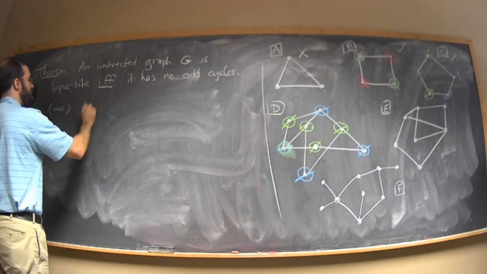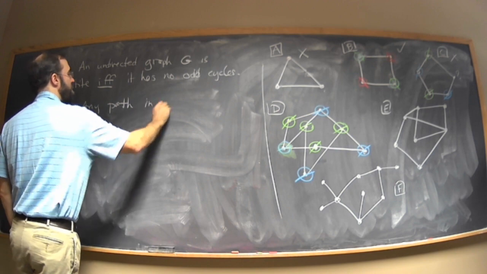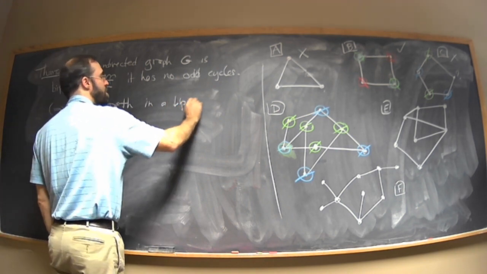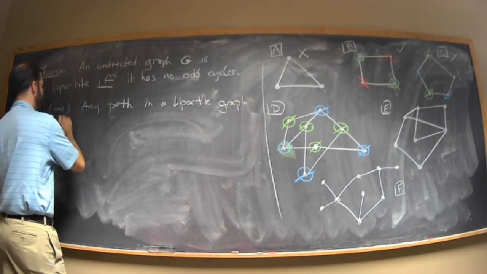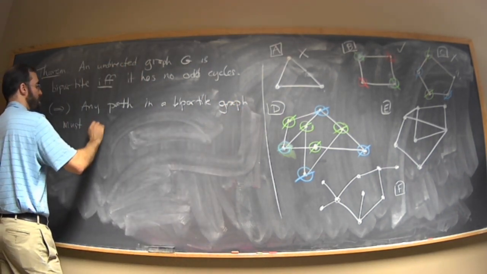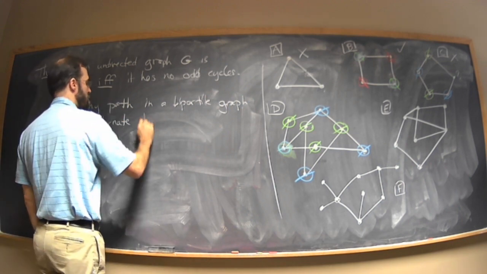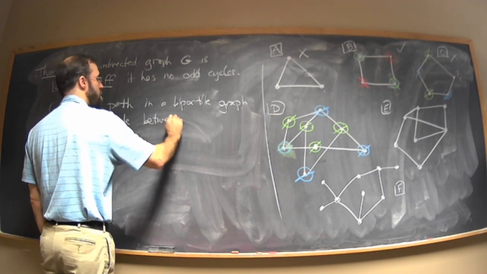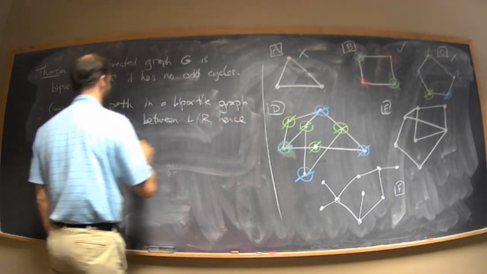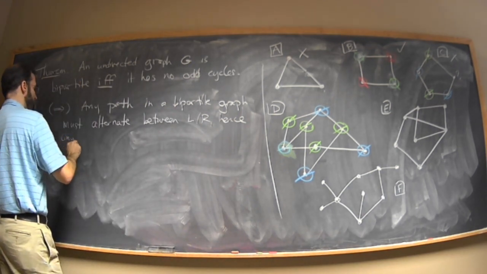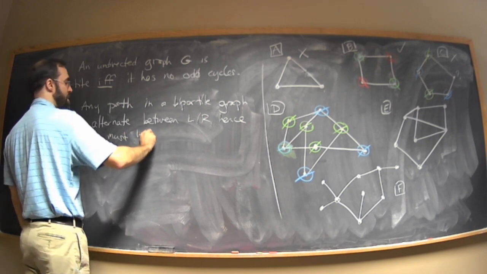So any path in a bipartite graph must alternate between left and right, hence any cycle must have an even length.